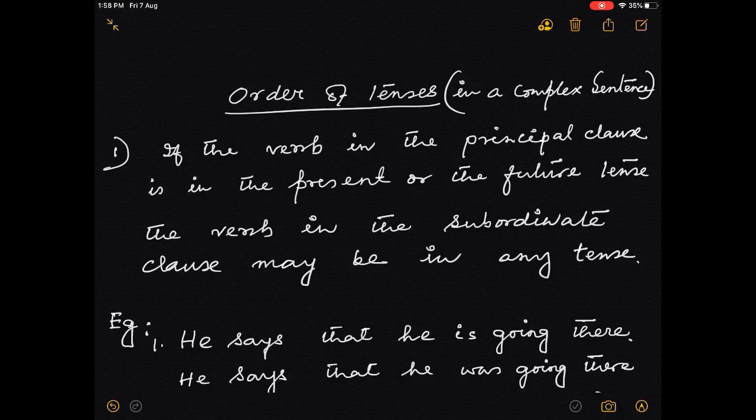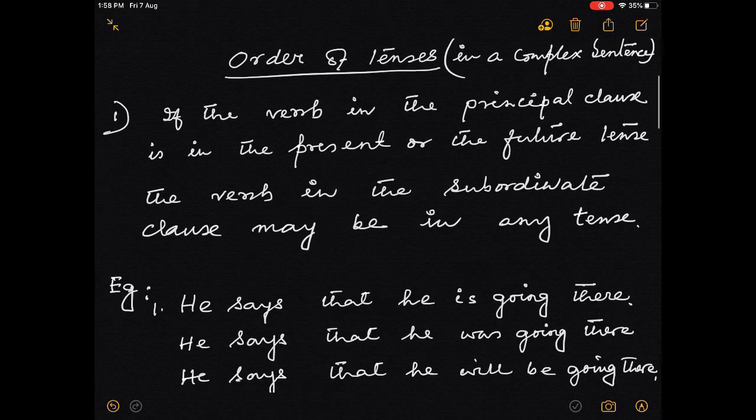The first point is, take one sentence from the example given. If the verb in the principal clause is in the present or the future tense, here it is present, the verb in the subordinate clause may be in any tense.